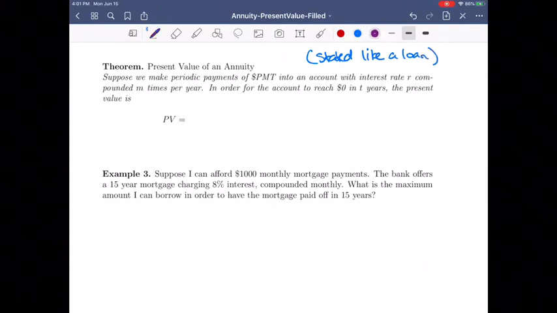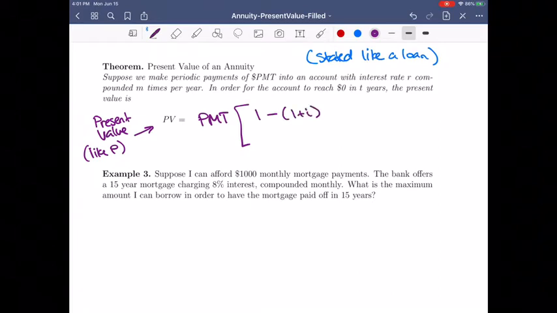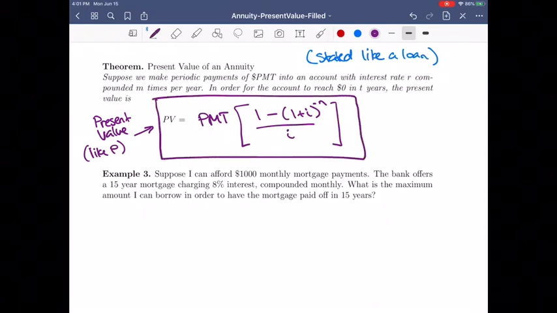Then the present value, PV, is similar to the P. It's the amount we need now in order to do that. It's going to be our payment, PMT, times 1 minus 1 plus I to the -N, all over I. Okay, so that's our formula.